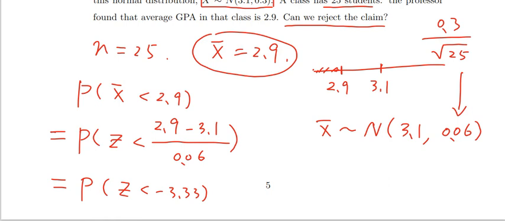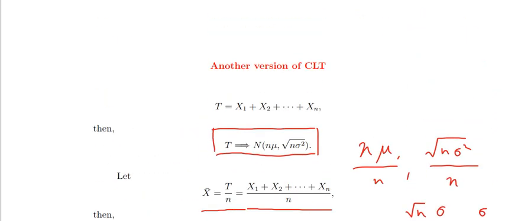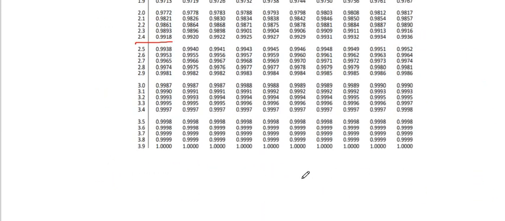So we check the table for 3.33. Again, the probability equals 1 minus this number, right? We check 3.33, and the table gives 0.9996.